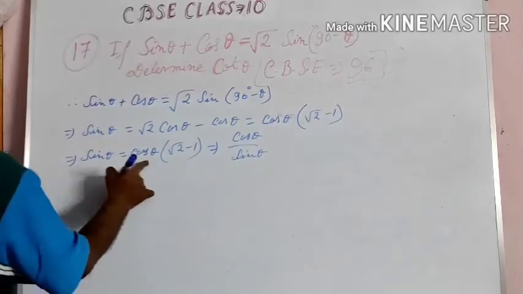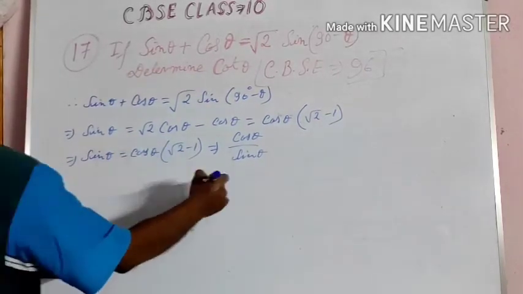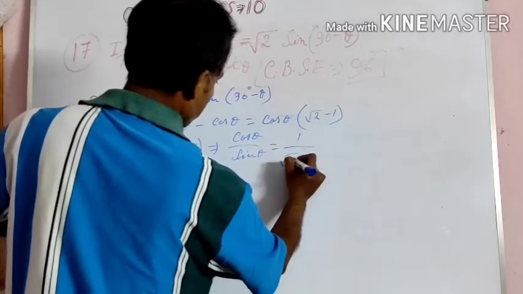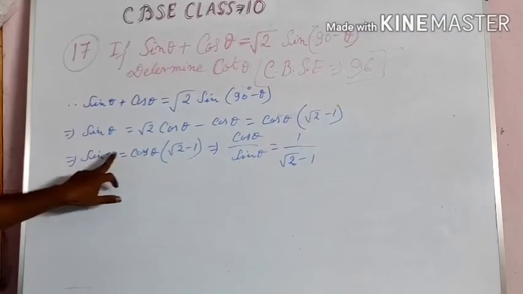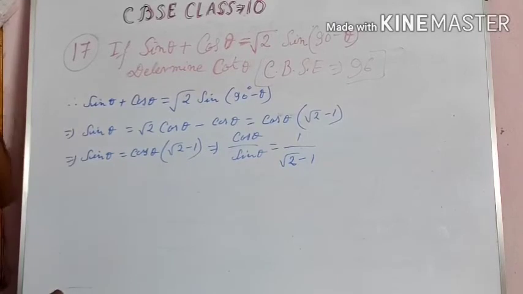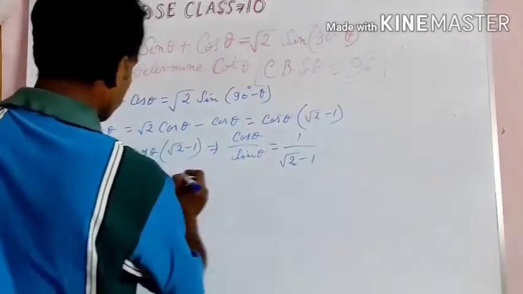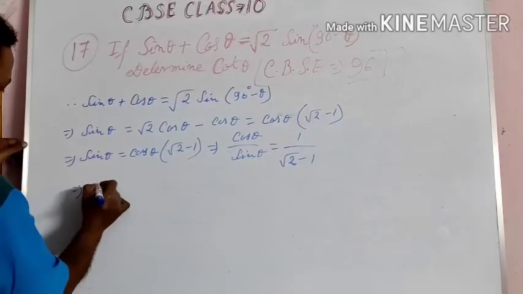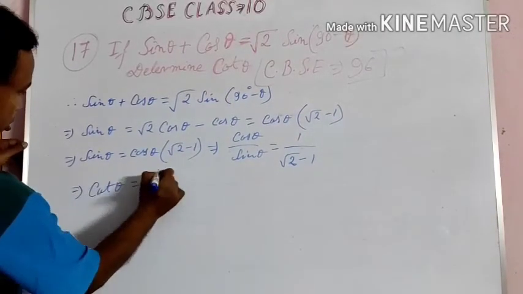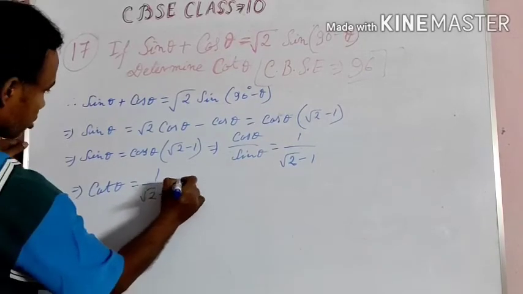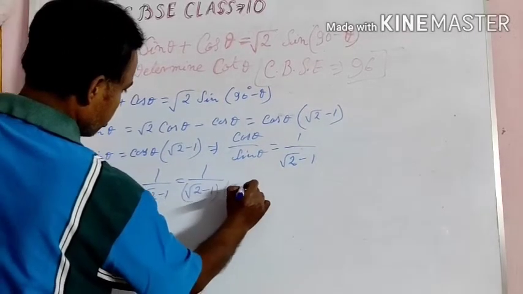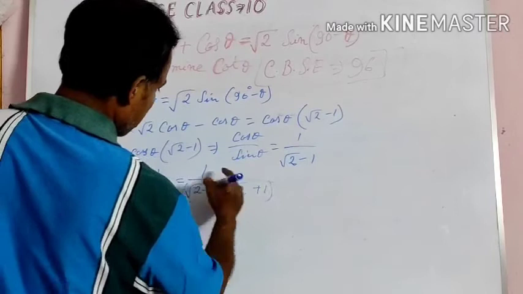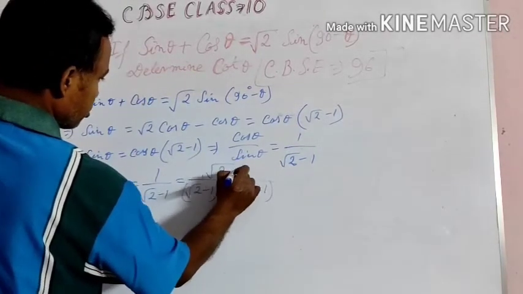This cos theta by sin theta is equal to 1 by root 2 minus 1. So now cos theta by sin theta is equal to cot theta is equal to 1 by root 2 minus 1 is equal to 1 by root 2 minus 1 into root 2 plus 1, rationalizing both sides, that is root 2 plus 1.